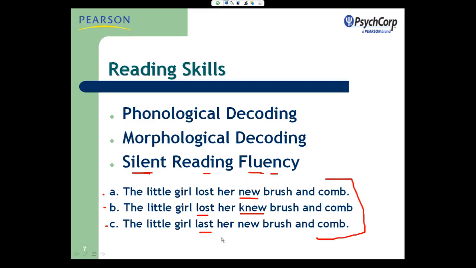So again, you're trying to see if the examinee is able to integrate silent word recognition and comprehension at the same time, to do so effortlessly and fluently. In order to demonstrate silent reading fluency, there are a number of component skills. Certainly, students should be able to decode new, unfamiliar words that they encounter in reading.